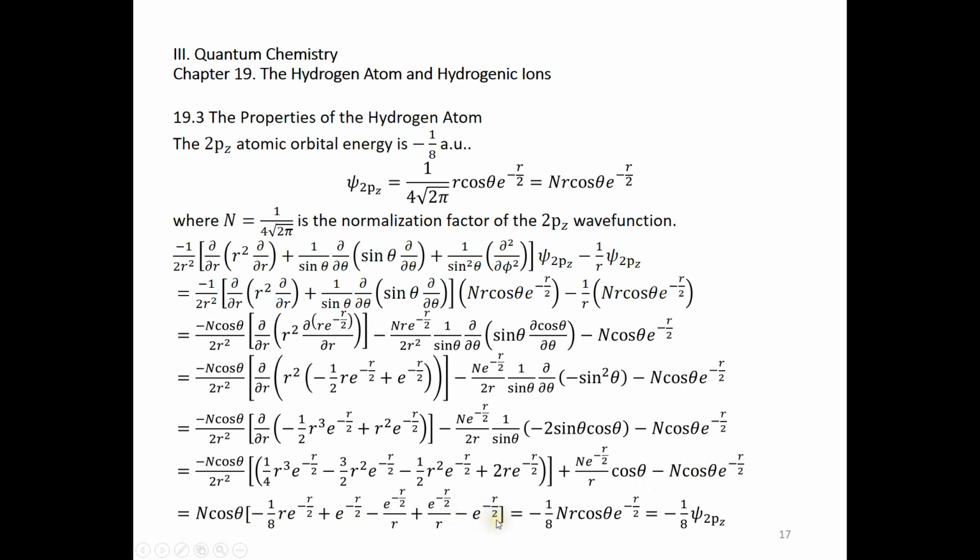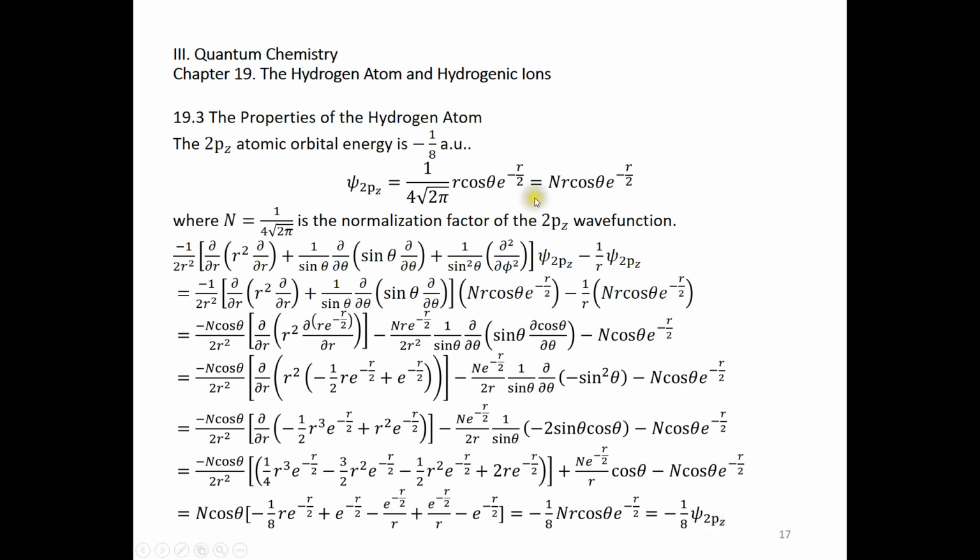So we can clean it up. I think this two will cancel, this two will cancel. In the end, we get negative 1 over 8 n r cosine theta e to the power of negative r over 2. It happens to be negative 1 over 8 multiplied by the wave function of the 2pz orbital. So we proved two things.